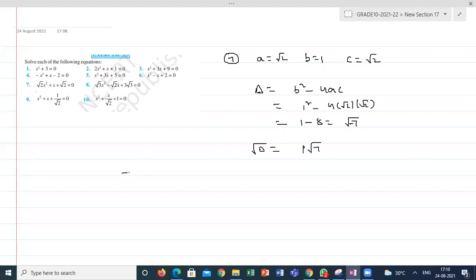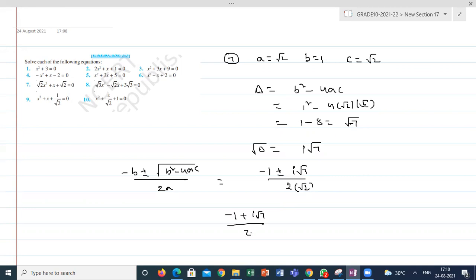So now minus B plus or minus square root of B square minus 4AC by 2A. It's like copying everything with different values. So -1 plus or minus i root 7 by 2 into root 2. So the answer is -1 plus i root 7 by 2 root 2, -1 minus i root 7 by 2 root 2.